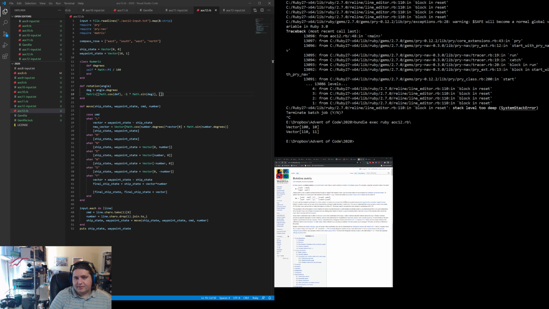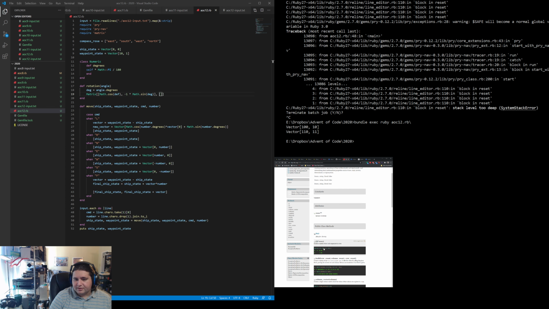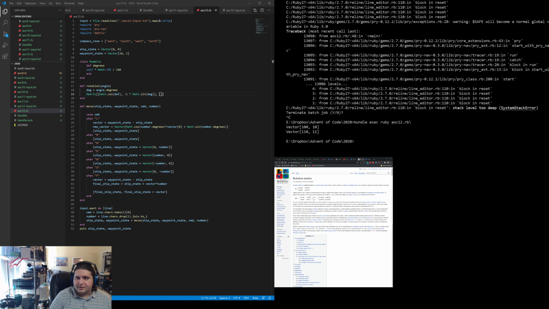Okay. Then, am I doing this order correctly? So, rows. Each argument is a row. So this is my first row of cosine, negative sine, and then sine, cosine: math dot sine of degrees and math dot cosine of degrees. So now we have a two-dimensional array, or a two-dimensional matrix that's the rotation for an angle.